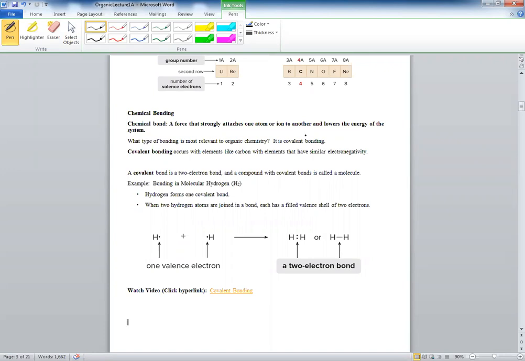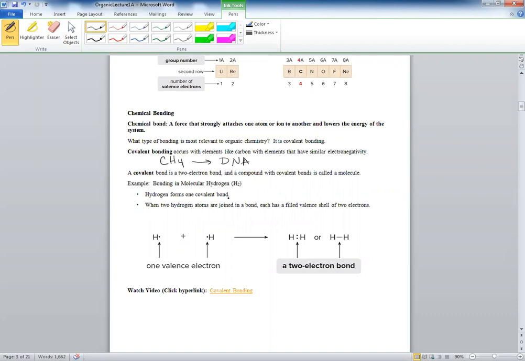So covalent bonding is so important because it depends on what we call valence electrons, which we will review shortly. And it is present in a molecule as small as methane, which is carbon and 4 atoms of hydrogen, all the way to DNA, which is the largest molecule, perhaps also the most important molecule.